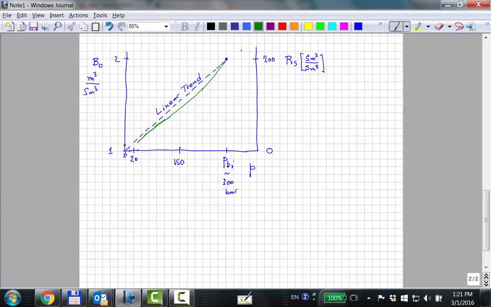It has to end up here. But then somewhere down here, there's no more gas coming out of solution, so there's no more shrinkage, basically. So you kind of get something that moves into that. But let's not worry about that. The departure from the straight line, it'll always be below that, okay?